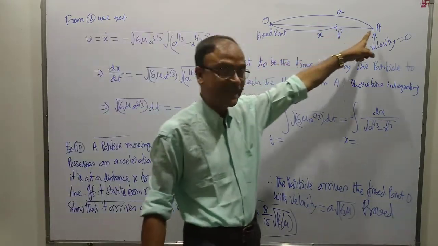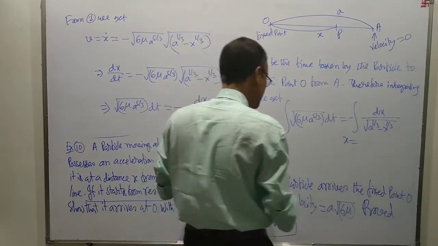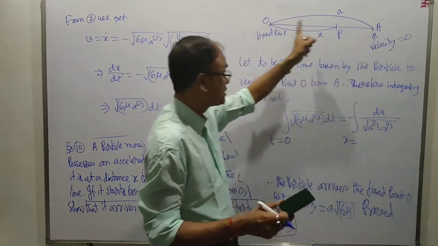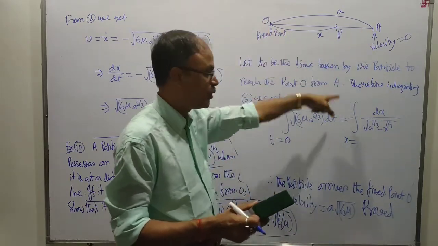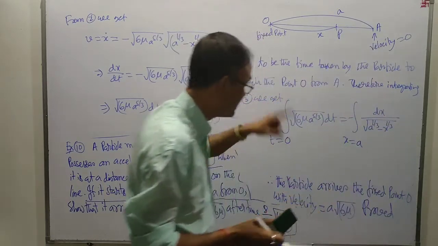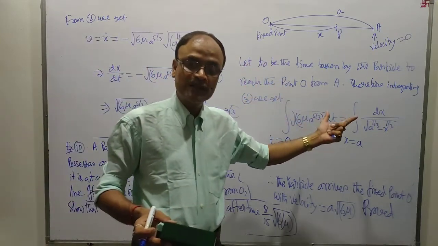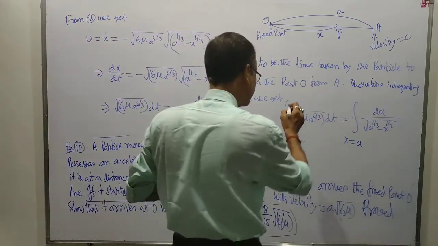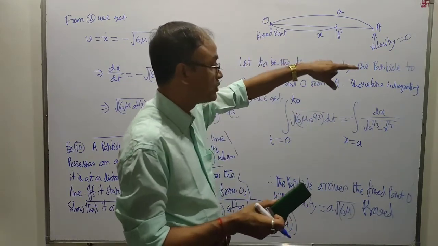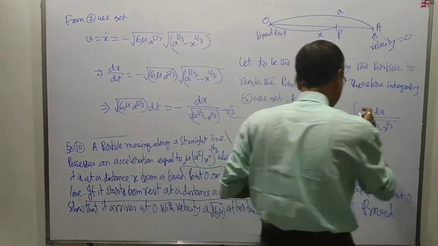When the particle is at A, the time was 0, and at that time x, the distance of A from O, was A. When it reaches the center of force O, the time taken by the particle is T naught, and x will become 0.